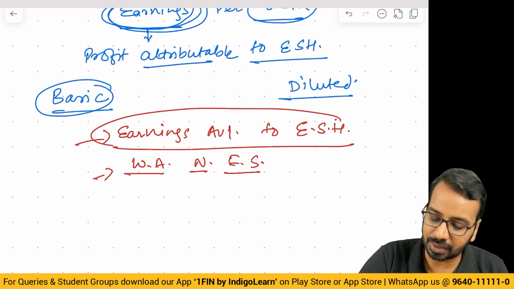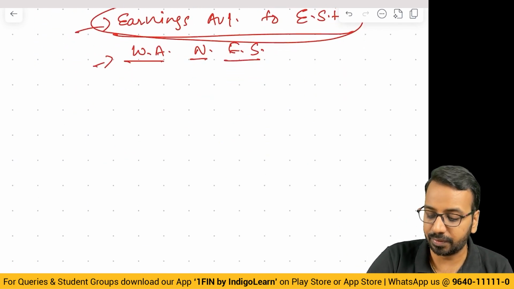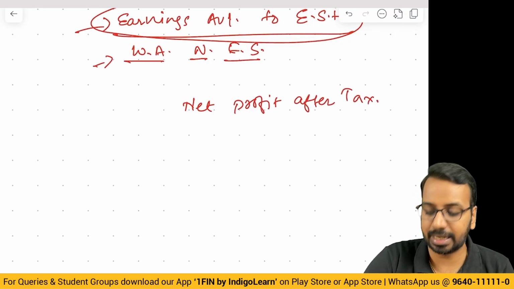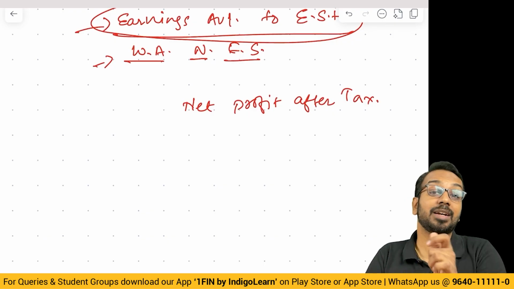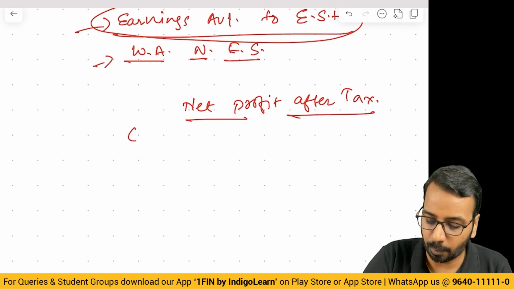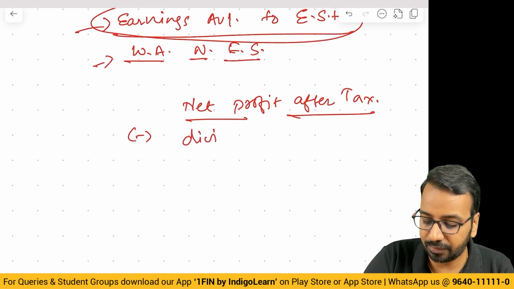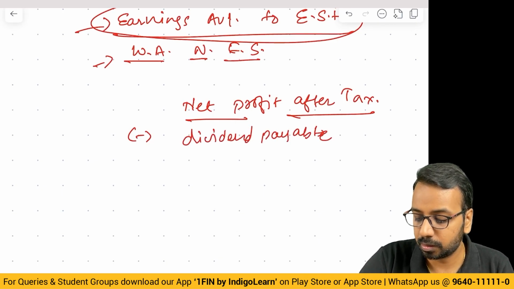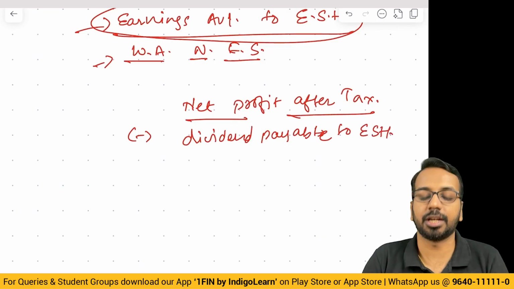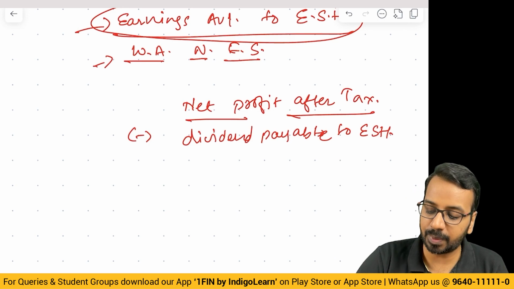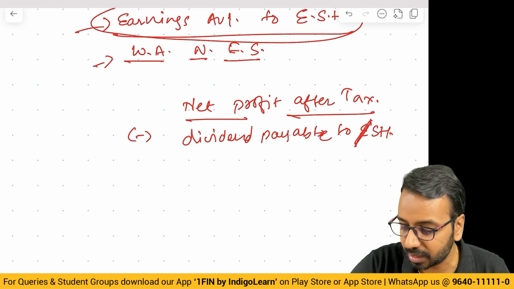Now, what is this earnings available to equity shareholders? We will start at net profit after tax. If it is given as net profit before tax, you have to calculate net profit after tax minus dividend payable to preference shareholders, not equity, my bad.